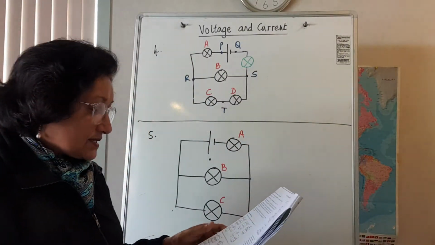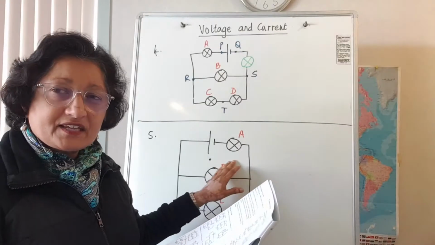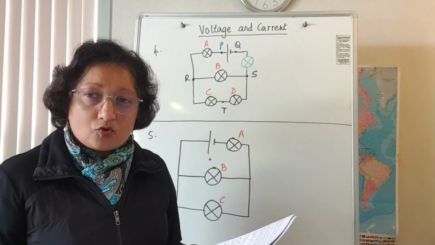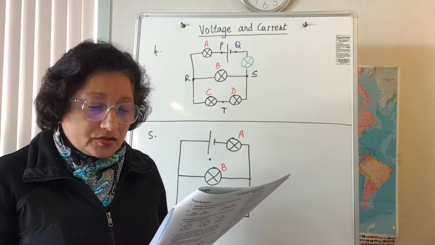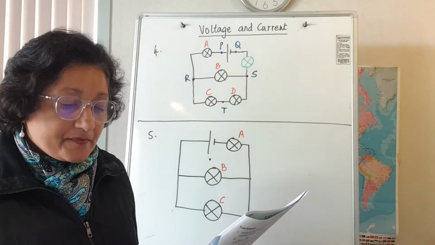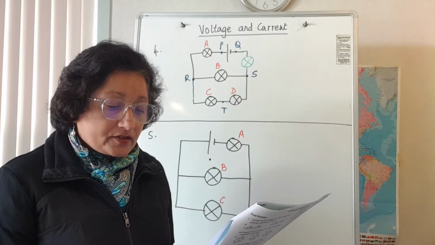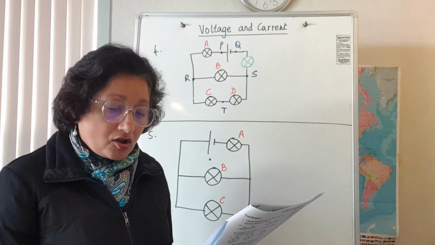In the circuit, the lamps are identical. The meaning of the word identical is that the resistance of the lamps are all the same. Now, how do the brightness of the lamps compare with each other? Explain your answer in terms of the current through and the voltage across each lamp.